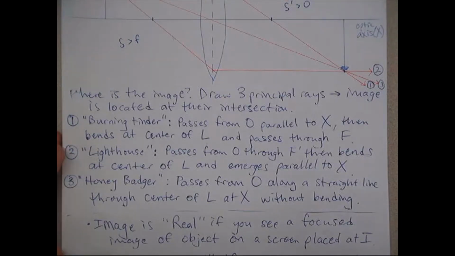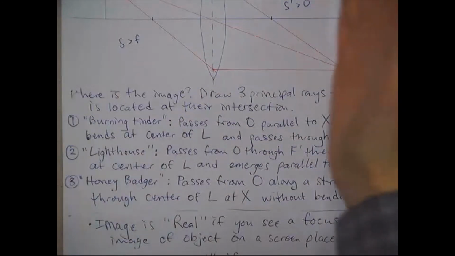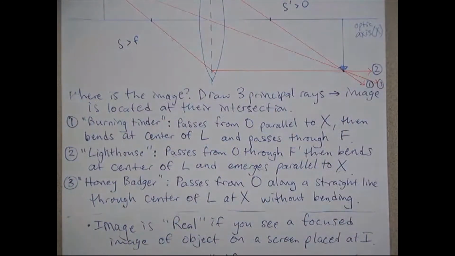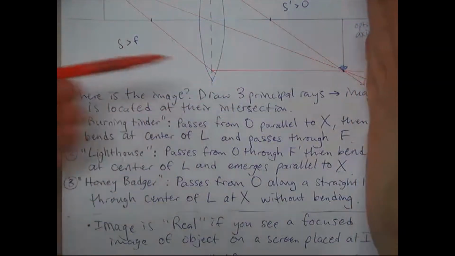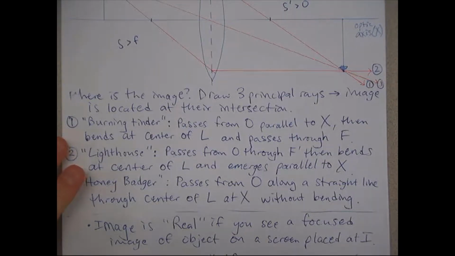If you were to place a screen at the location of the image, perhaps a white sheet of paper here, and you observe that sheet of paper, you're going to see a focused image of the object on that screen. This indicates you have a real image.